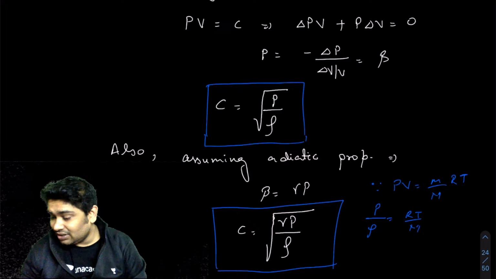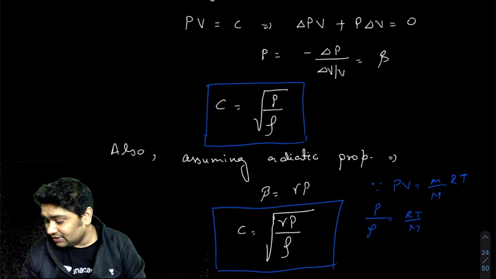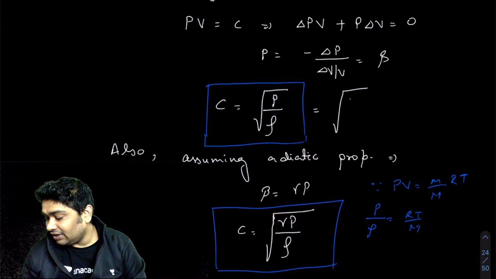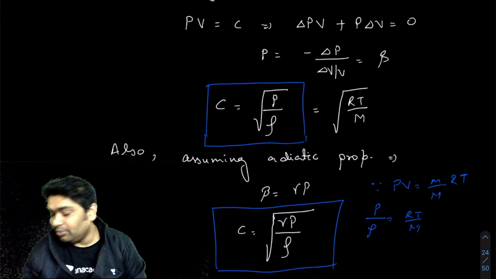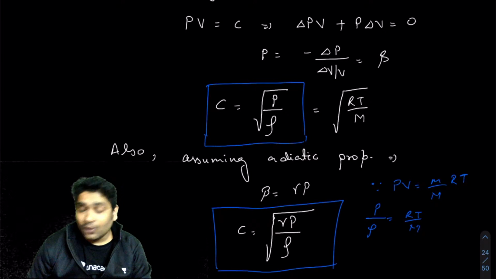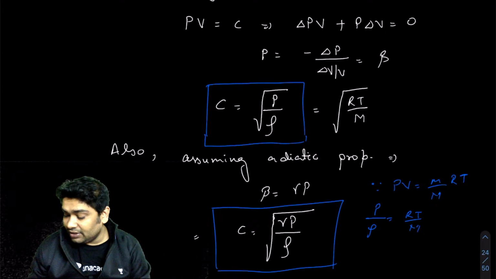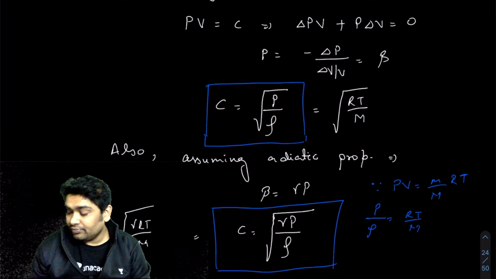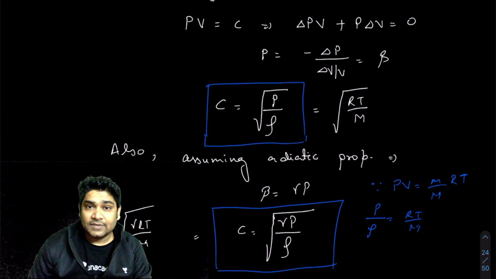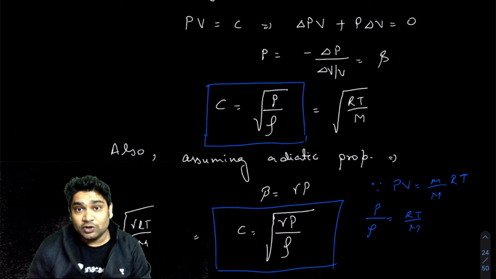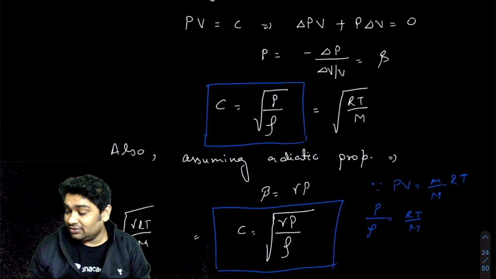So sometimes you can also rewrite this as root of RT over M, which is also a very important form. Okay, and this again can be written as root of gamma RT over M. So sometimes we use this form also, very useful form. You must remember this. All right.